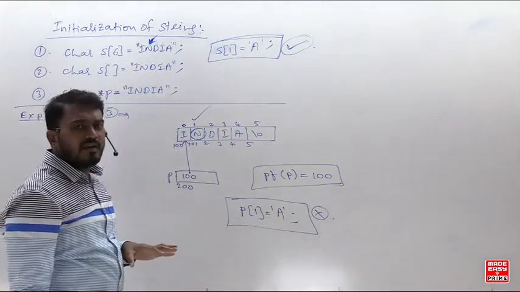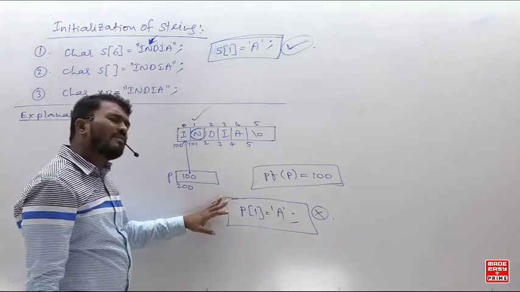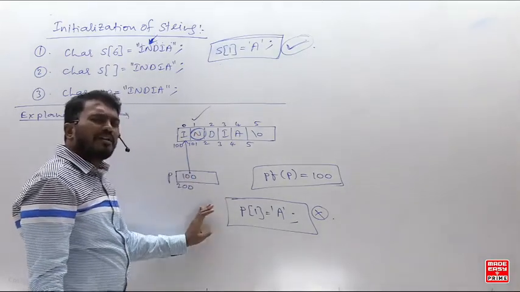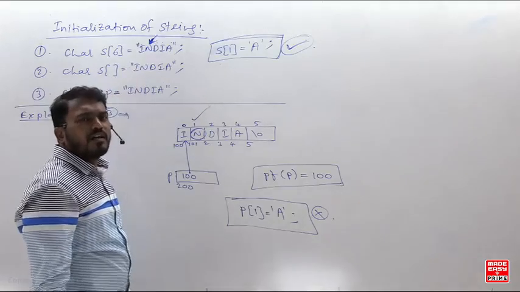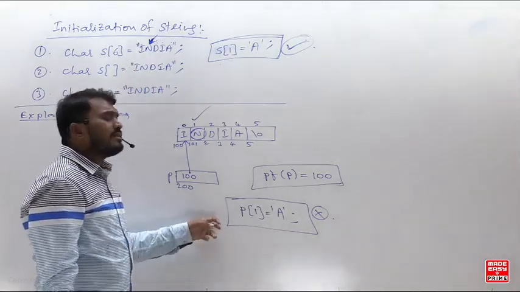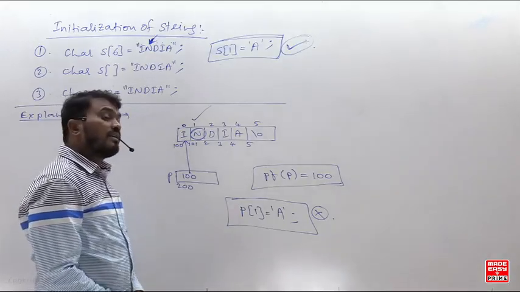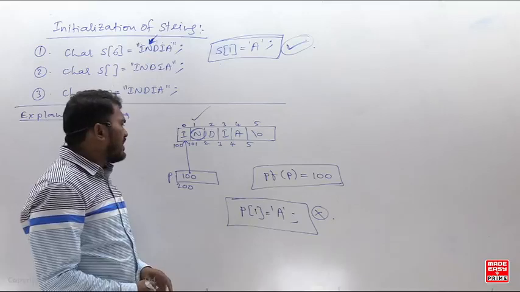Now remember, an important point: if somebody executes the program, in some compilers this is also allowed. So don't worry about the compiler. In the exam, if any question comes, you have to say this is not allowed, because if you execute it in the actual licensed Turbo C software, this is not allowed.